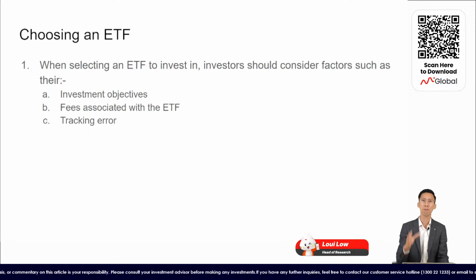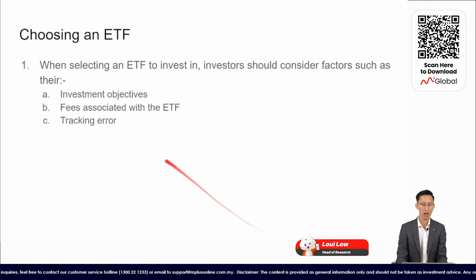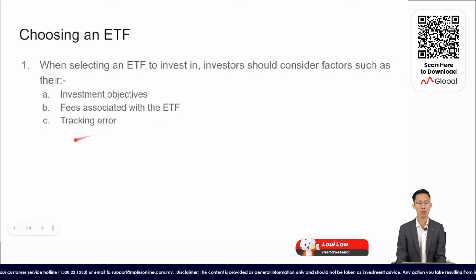Are you trading only the stock itself, or a basket, or a certain thematic? Let's see what we have later to justify what sort of investment objective you want to craft for yourself, so that you can find a very good ETF. Fees associated with the ETF, like what I mentioned, include the expense ratio and also tracking error.